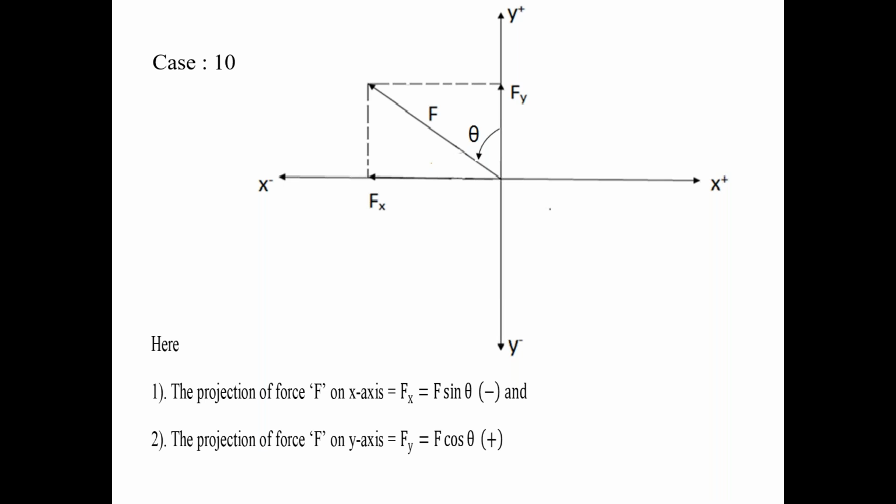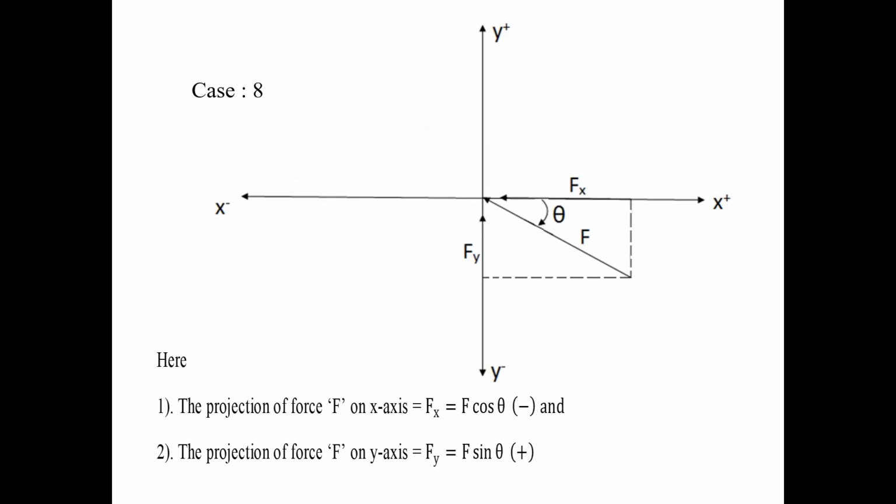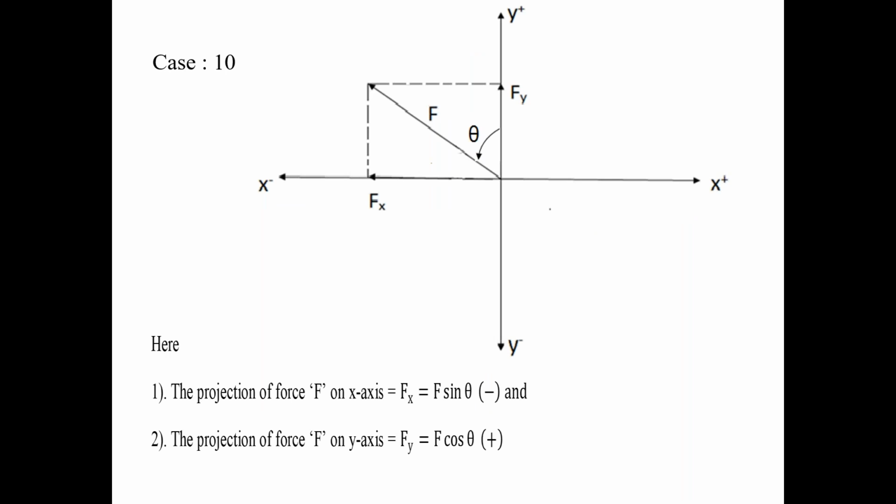Fx is equal to F sin theta, Fy is equal to F cos theta. Fx is negative projection, Fy is positive projection. So in the 10th condition, when the force F makes the angle theta with the y-axis, Fx is equal to F sin theta, negative projection.